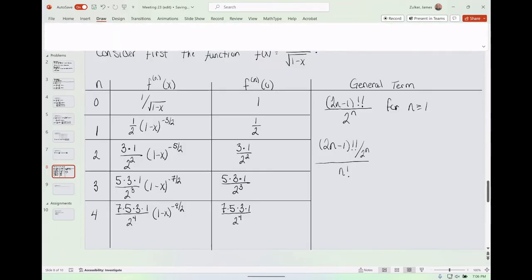I don't think I need my ruler anymore. 2n minus 1 double factorial all over 2 to the n times n factorial. That can be simplified. The numerator can't be, but the denominator can be.